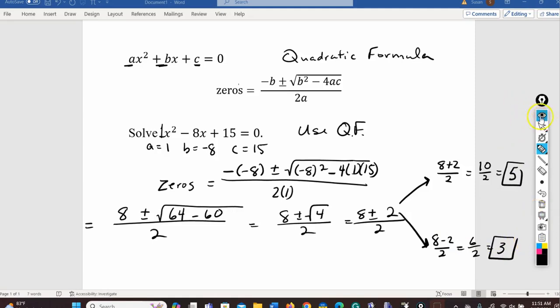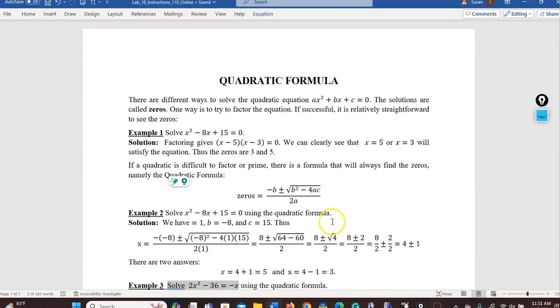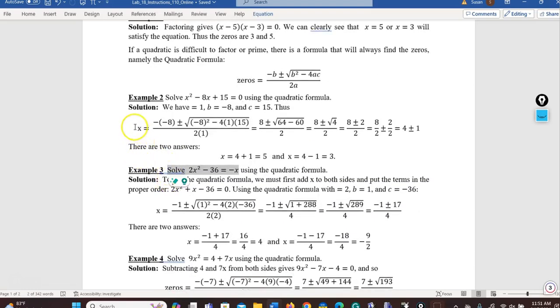So if we go to the actual example sheet, we can clearly see that the zeros are 3 and 5 when we factored it. And then when we use the quadratic formula and plug these numbers in, I didn't actually use the plus or minus until I got to the very end there, but either way is fine.